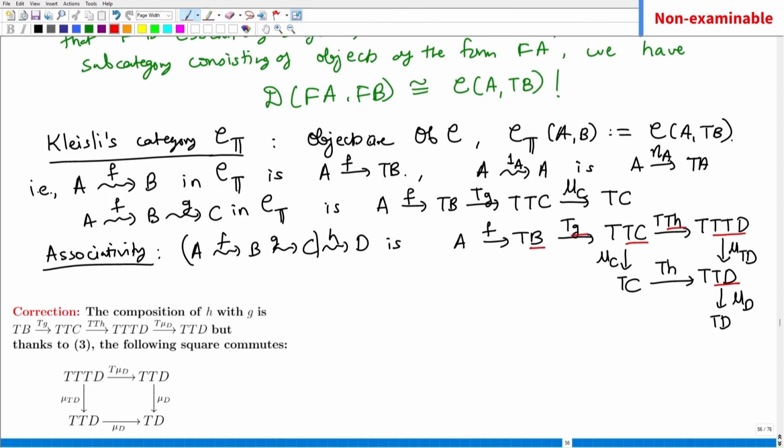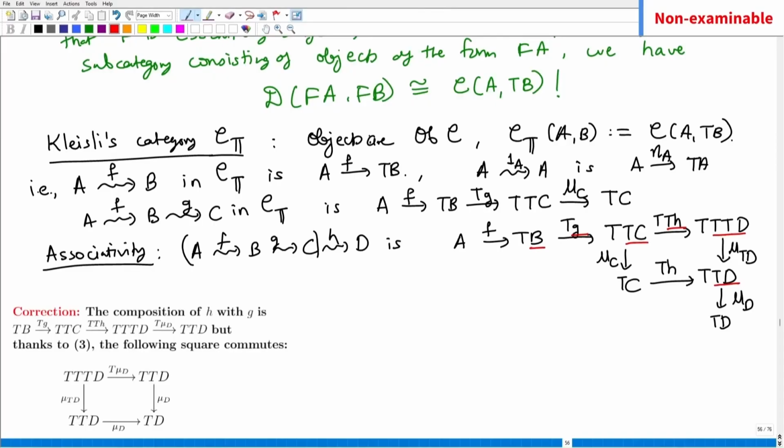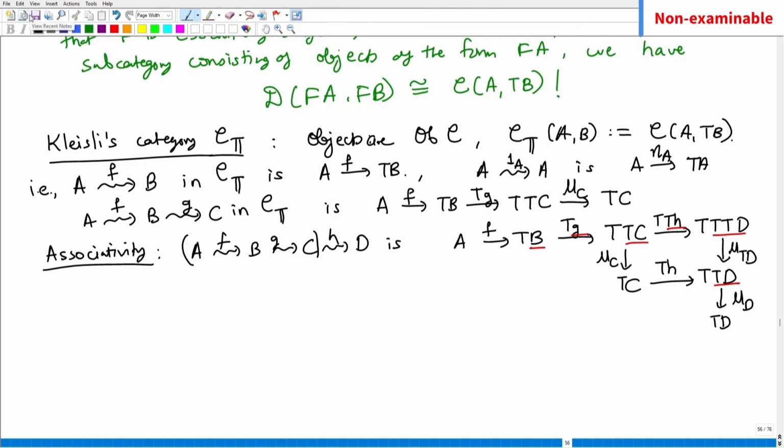That red part is nothing but the composition of G with H. And I have applied T on this H composed with G. And then finally I am doing mu D. So everything works out fine. So this diagram is associativity. Good. Identity, of course, we have to verify.